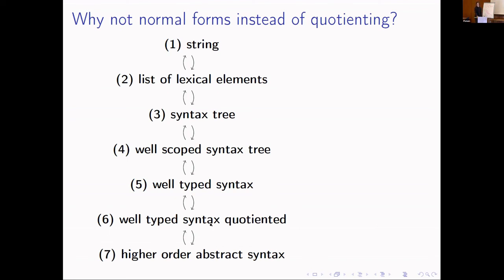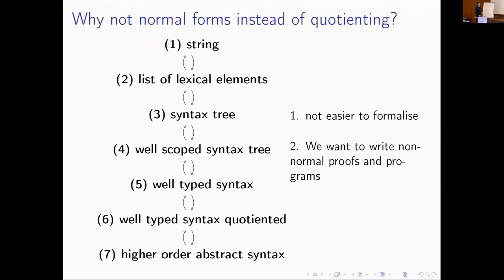So why don't I just say, when I go from 5 to 6, that I only work with normal forms? Then I should only define the theory with normal forms, and there's no need for quotienting. But there's an issue there. One is that it's not easier to formalize the notion of normal forms than the notion of CWFs. We don't know how to define the normal forms for type theory without referring to the full equational theory of type theory.